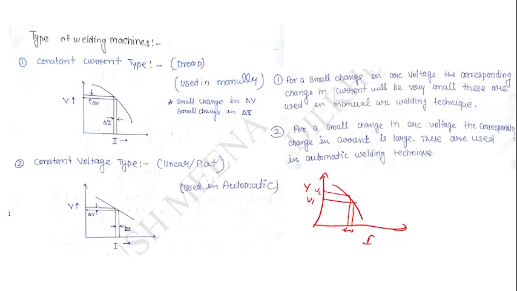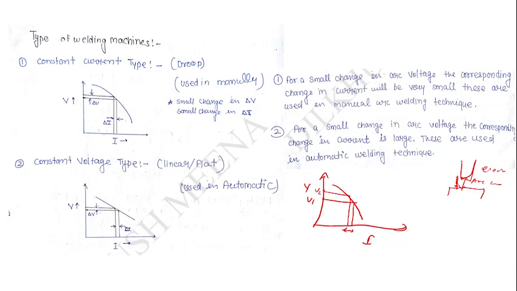So when will it be used? This is your electrode, this is your workpiece, and this will be your arc length. When you are welding manually, you are moving your electrode by hand, so there are possibilities that your arc length is changing continuously.